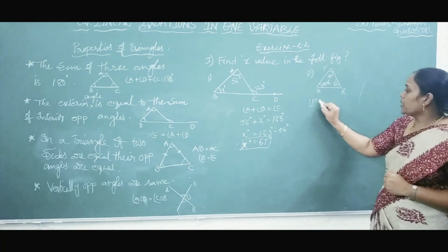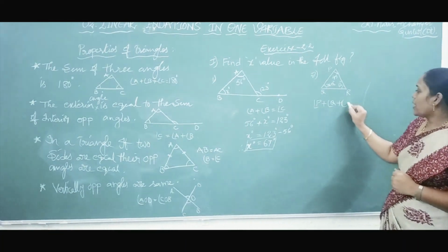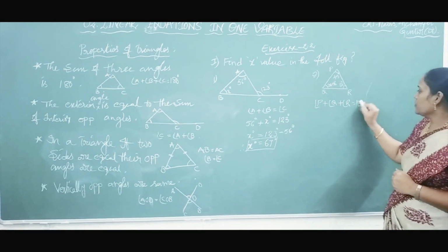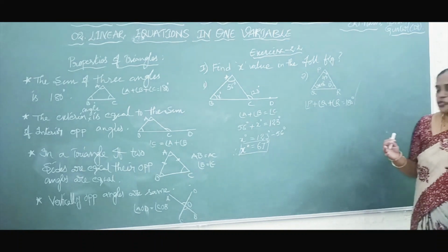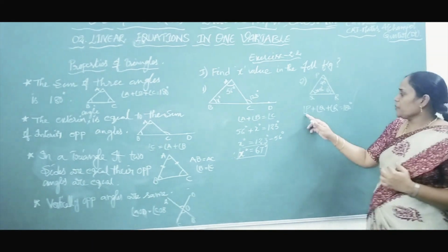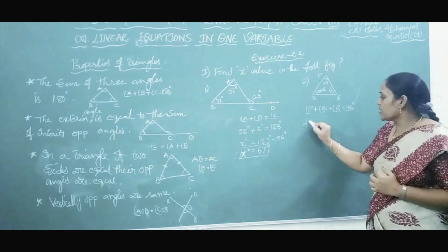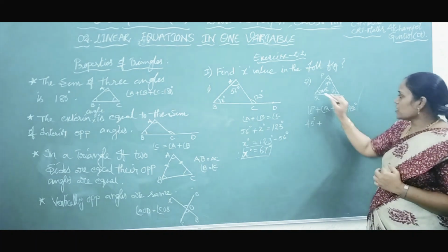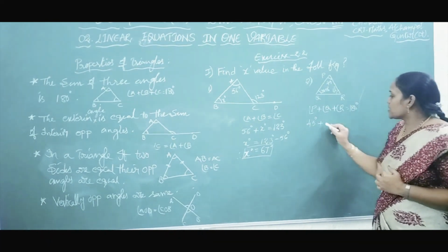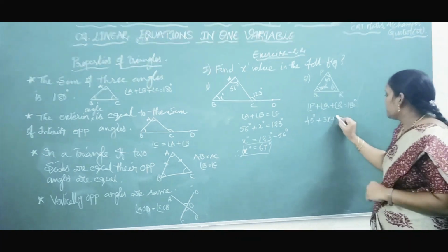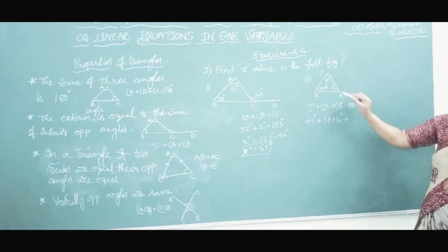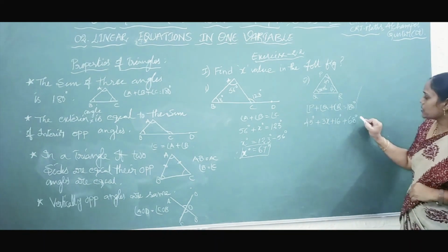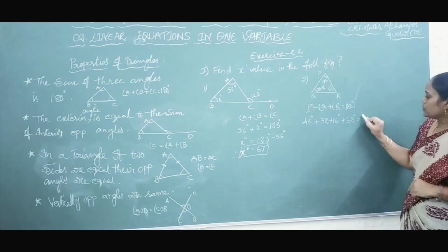Now you have to substitute the angles. Angle P is 45 degrees, plus angle Q, 3x plus 16 degrees, plus angle R, which is 68 degrees, is equal to 180 degrees. You have to find the x value. Write the x term first, that is 3x.